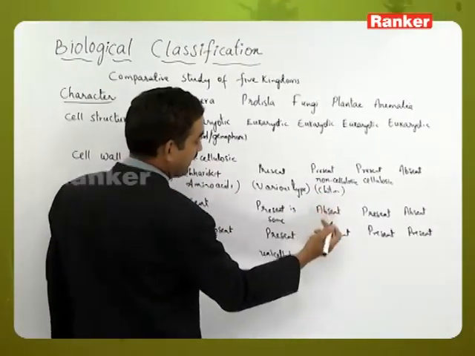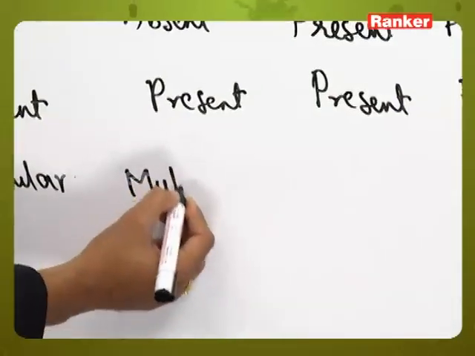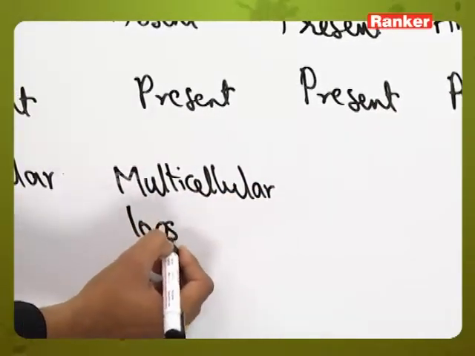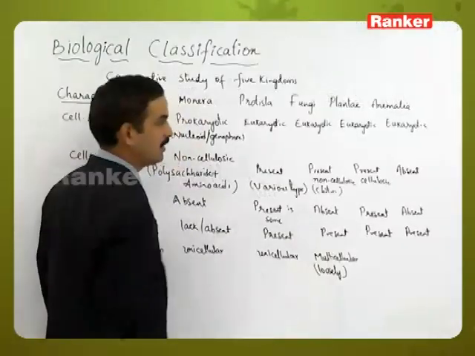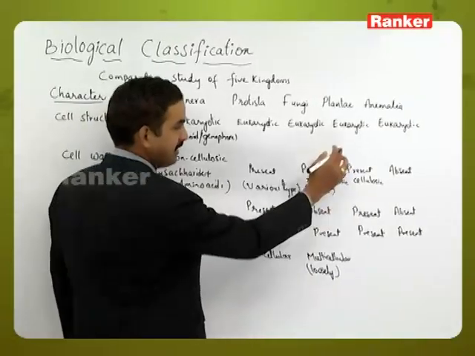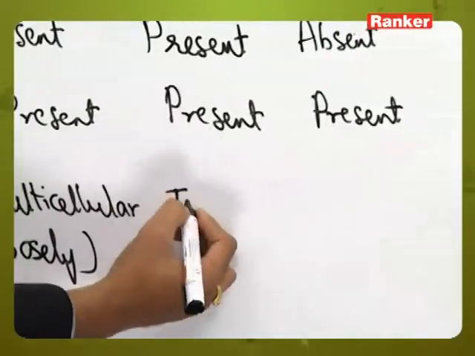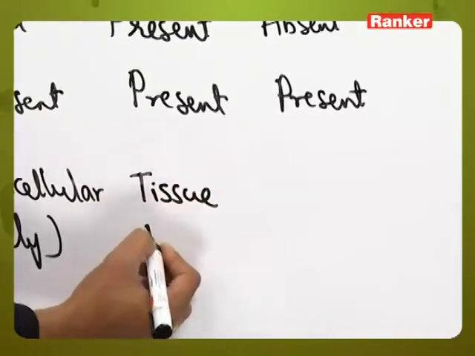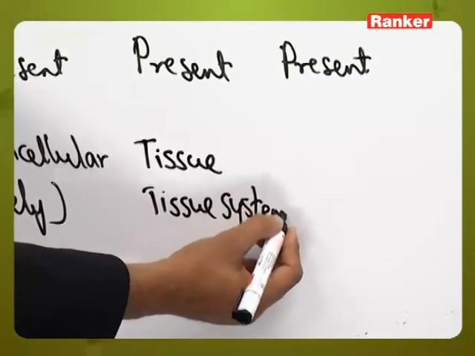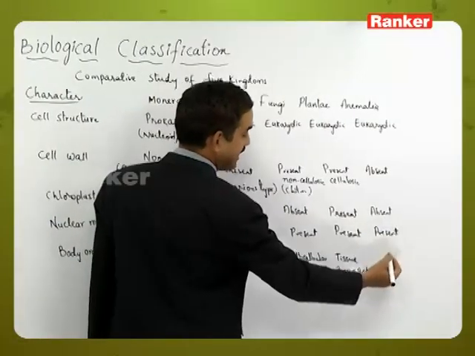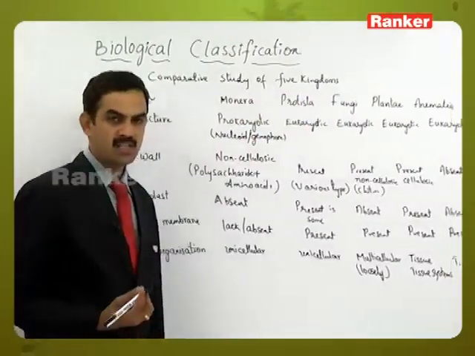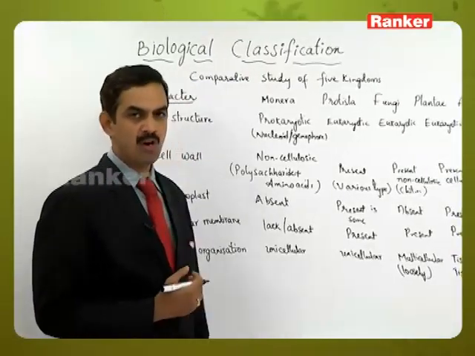Whereas fungi contain many cells, that is the multicellular condition is present, and these cells are generally loosely arranged. Tissue organization is present, whereas perfect tissue organization can be seen in Plantae and Animalia. Tissues and tissue systems are present in plants, that is cellular organization is perfect, and in Animalia also the tissues are present. The cellular organization is very much present in this group of organisms.